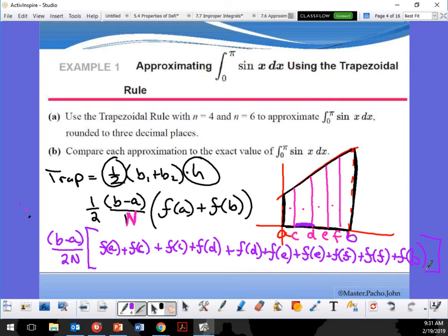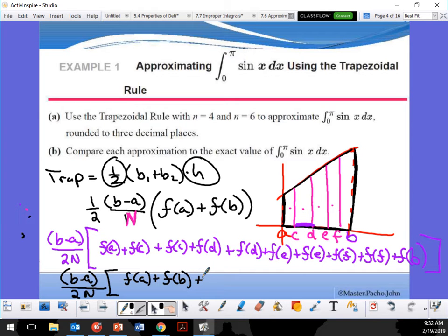Now, how many f of a's do I have? Okay, I'm going to rewrite this now. This is going to be my final: b minus a over 2n times f of a plus, anything else I only have one of? f of b. The first one and the last one are only one each.